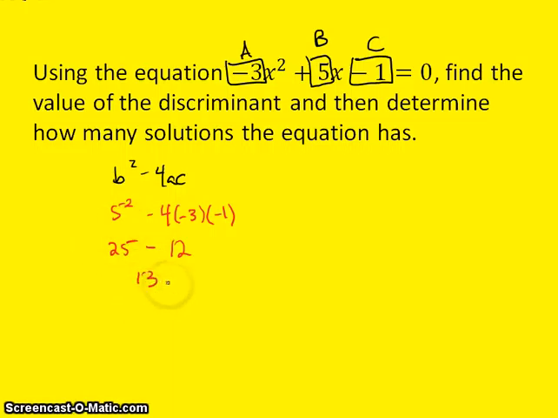So 13 is the value of the discriminant. Because that number is positive, we know there are two solutions. There's going to be two answers. We're not going to find them right now, but we know it has two of them.